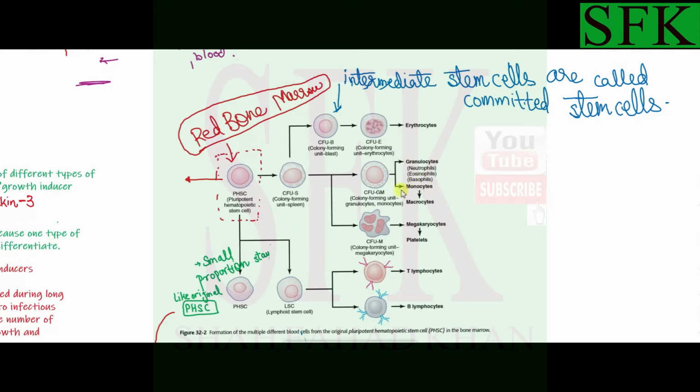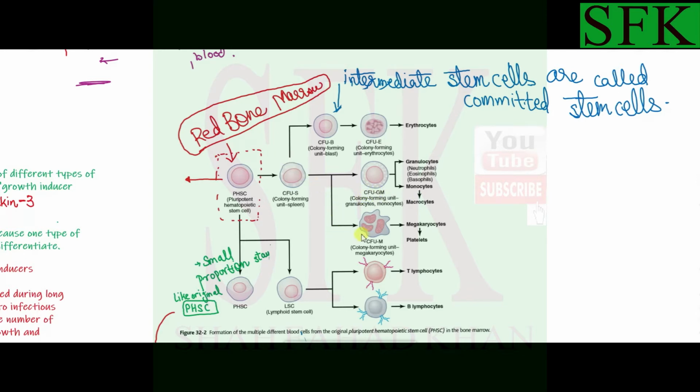And monocytes are basically the preformed macrophages, the cells that give rise to macrophages in the tissues. Monocytes are present in the blood. All of these have phagocytic activity. These are white blood cells. They are formed from colony forming unit granulocyte monocytes.